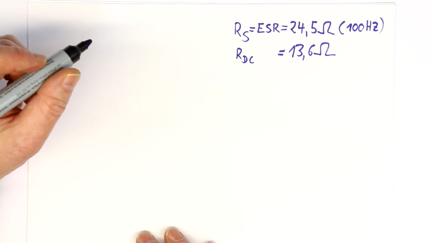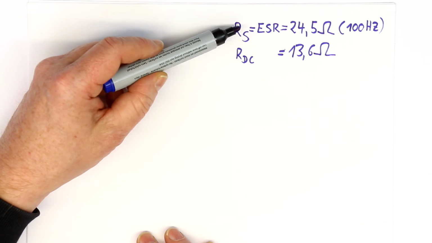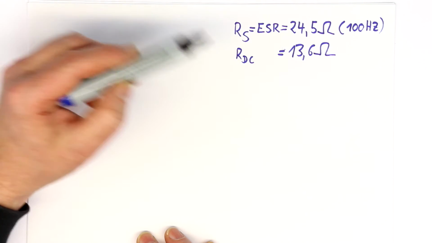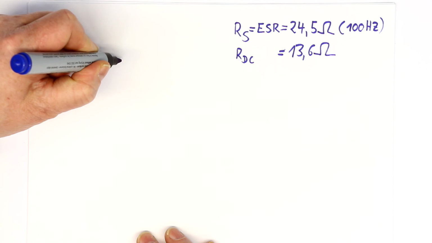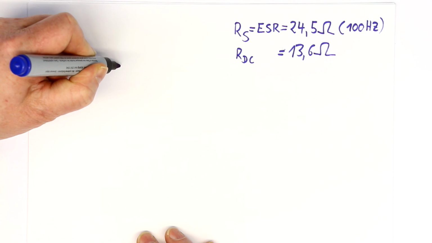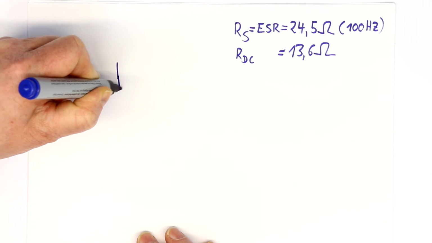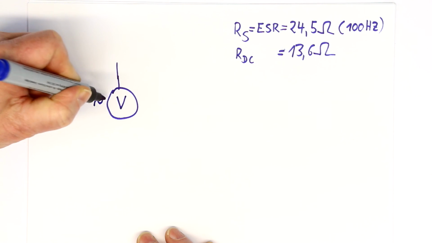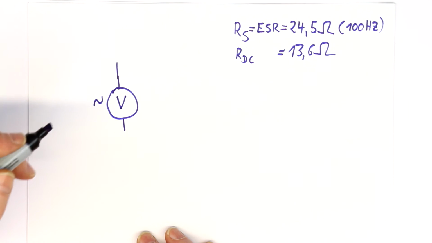We still don't know what is the right value to choose for further calculations, and to simplify things a little bit, or to make them clearer, let's take a different view at the secondary side of a transformer. Now, of course, we know a transformer, first of all, is a voltage source. Of course, an AC voltage source.